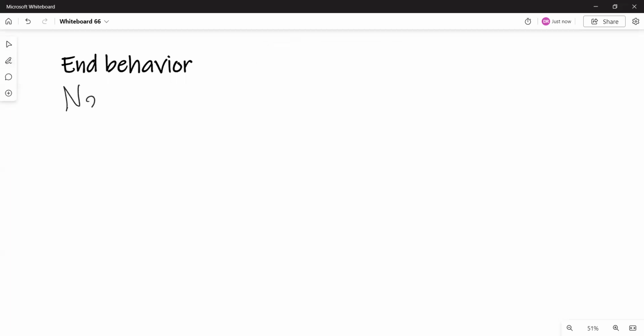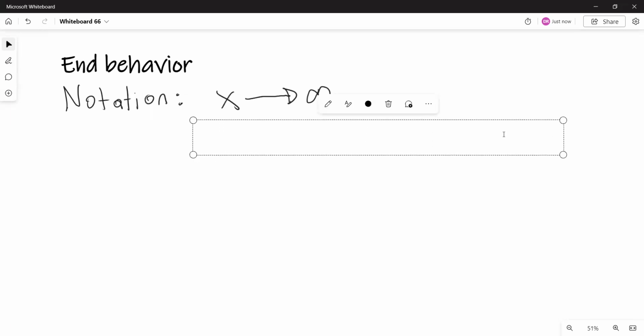The notation is going to be something like this: x, right arrow, infinity. So this will stand for x approaches infinity, or x increases without bound.